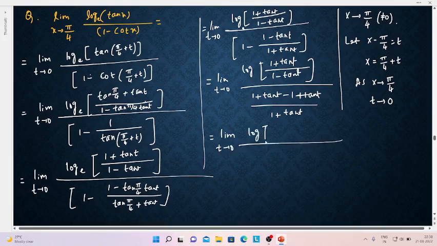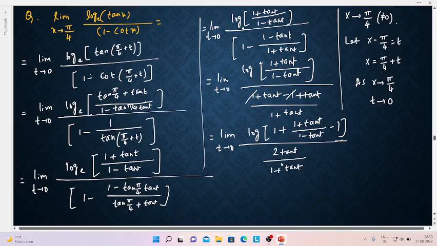We can write that particular thing as 1 plus (1 plus tan t over 1 minus tan t minus 1), and on the denominator we can cancel that 1, so it will become 2 tan t over 1 plus tan t.